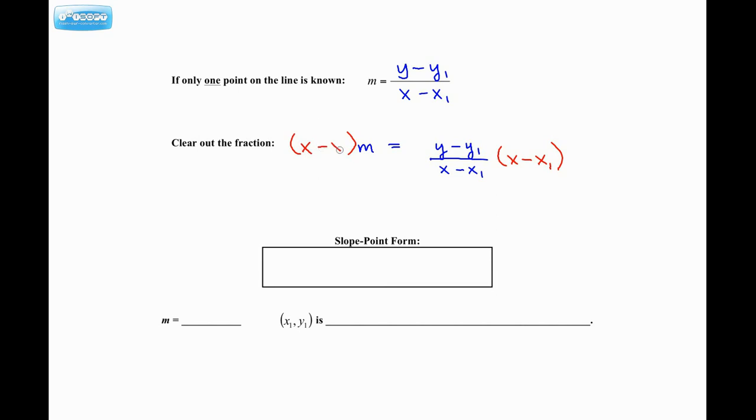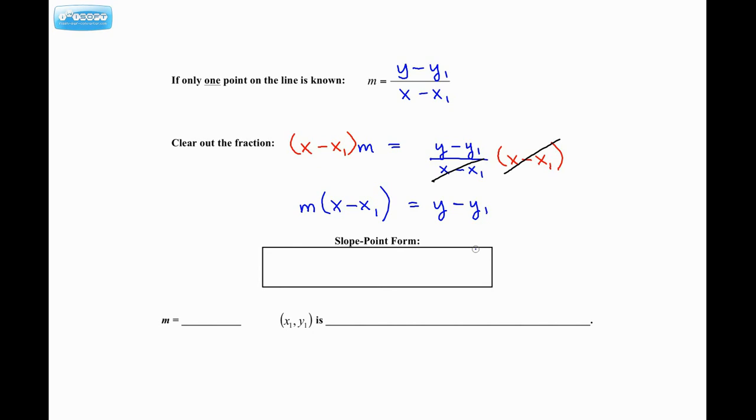X minus x1. So what happens is these just cancel out. Okay. So what we're left with, and I'm just going to put the m in front, is m times x minus x1 equals y minus y1.